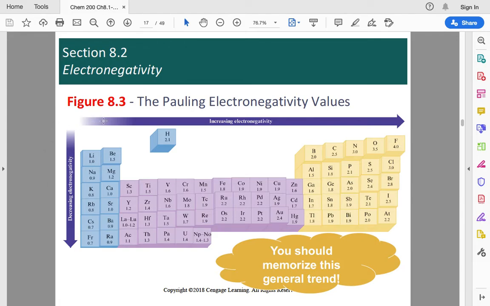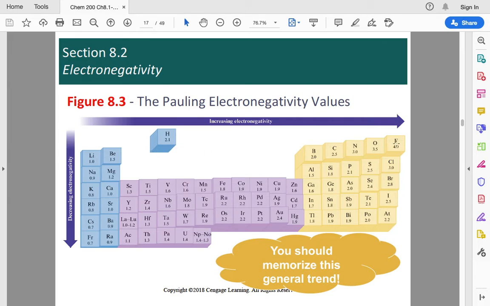Now, as we go across the periodic table, what is the trend we know in atomic radii? As we go across the periodic table, in a row, in a period, the radius gets smaller. So when we compare lithium to fluorine, fluorine is smaller than lithium.